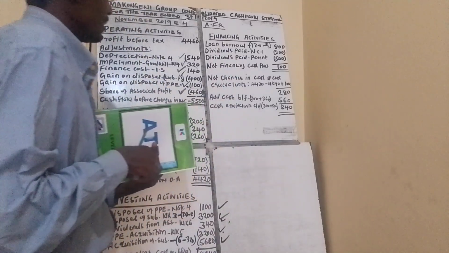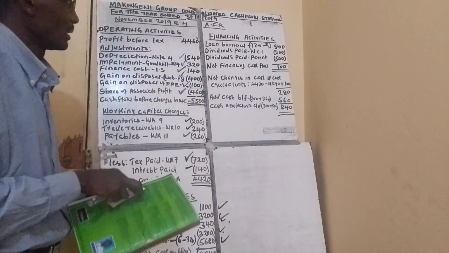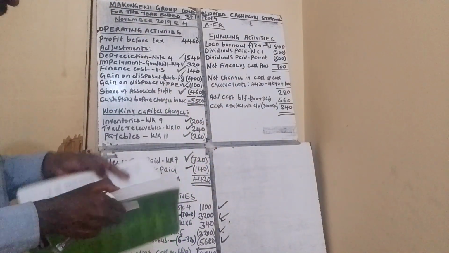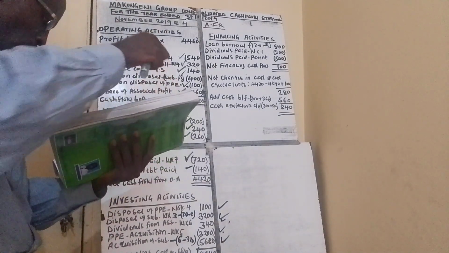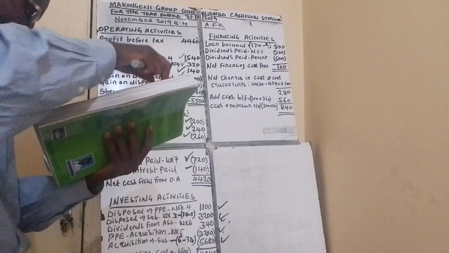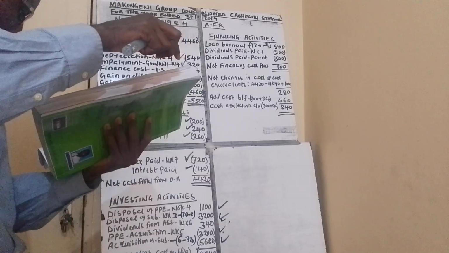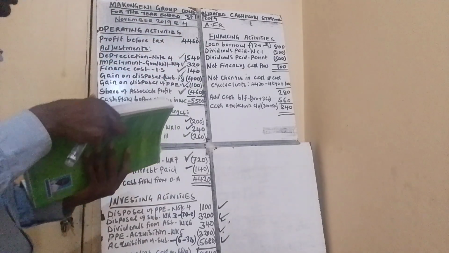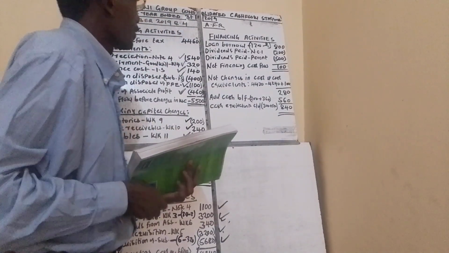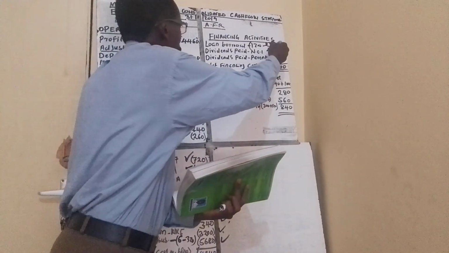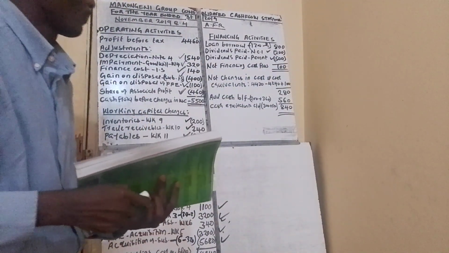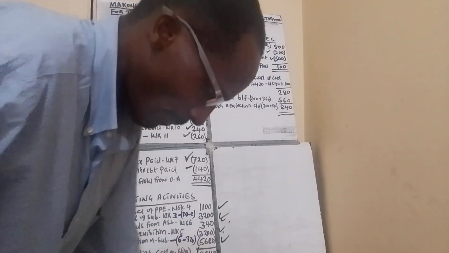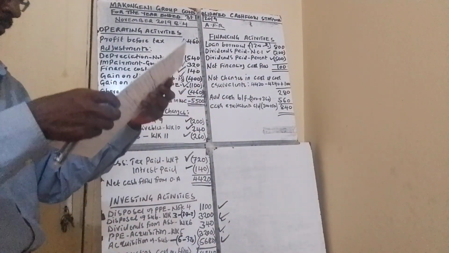The dividends paid to NCI. Now those figures have been given. Dividends paid to NCI, we have 200. 200 is what we paid to NCI, and to the parent we paid 500. That's money out in both cases.